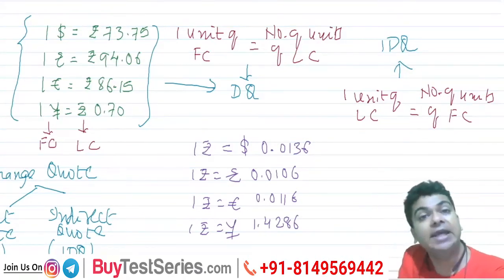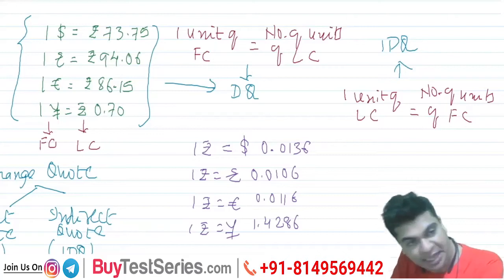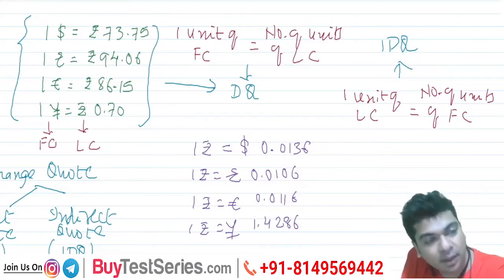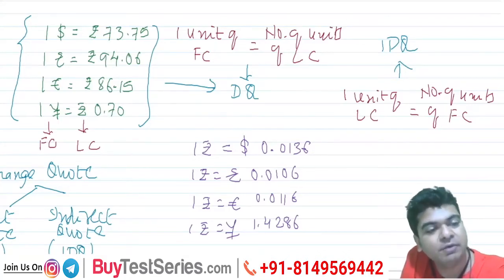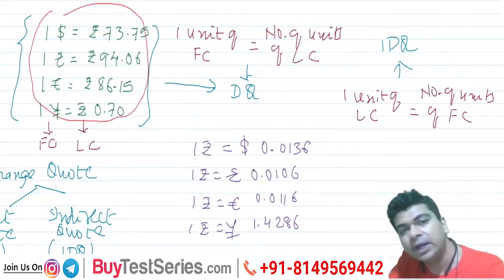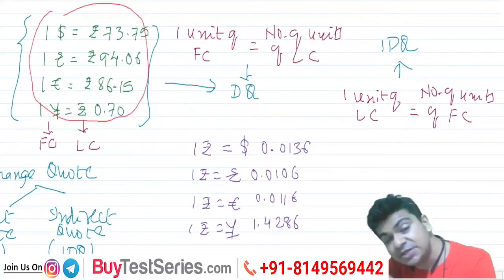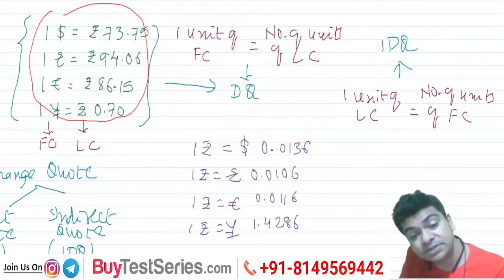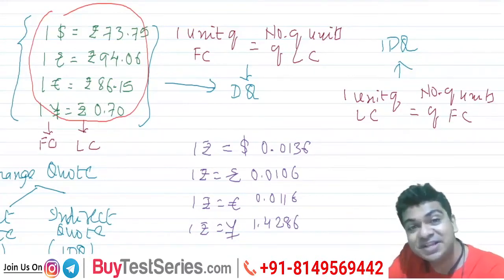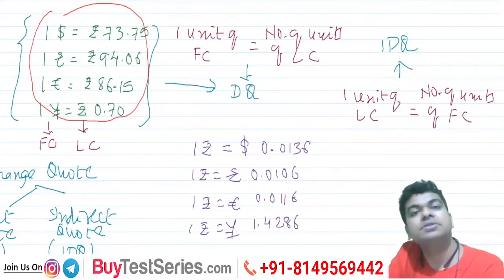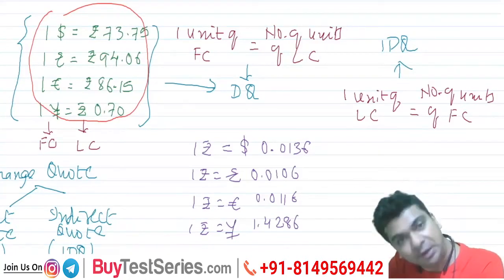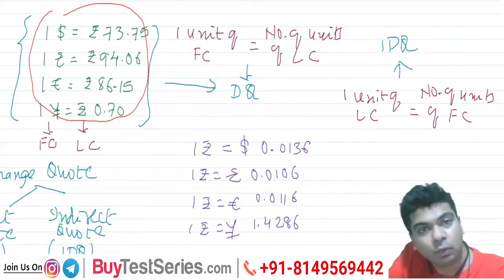So no Indian bank will give you an indirect quote. That is the reason in India we are habituated with direct quotations only. You have never seen a quotation where we say 1 rupee is equal to dollar 0.0136. We don't come across that because Indian banks are not allowed to provide indirect quotes.